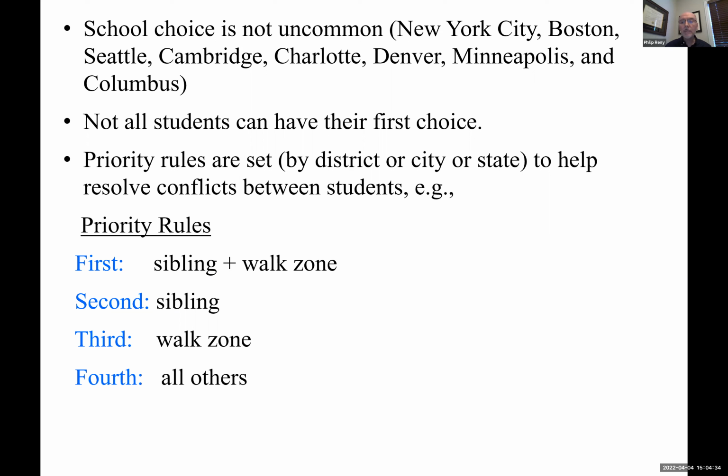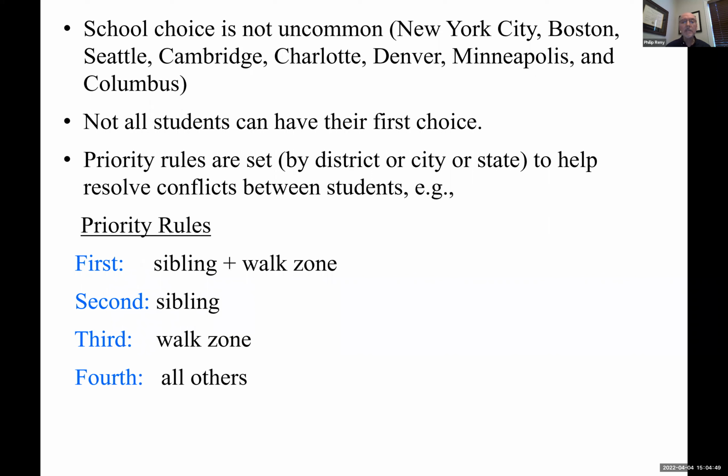But of course, it's going to happen that some schools are going to be over-demanded, and so not all students are going to be able to obtain their first choice.